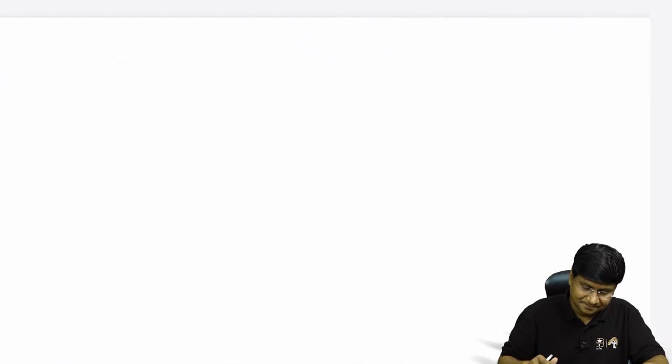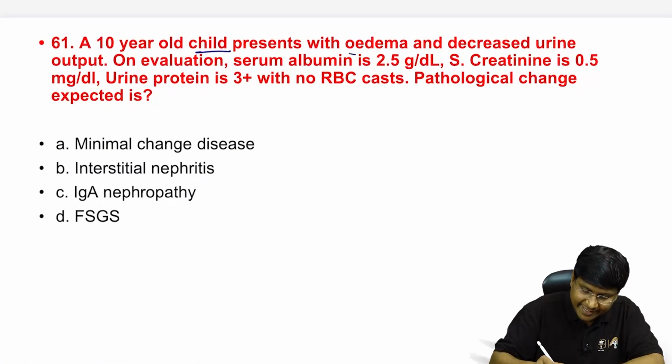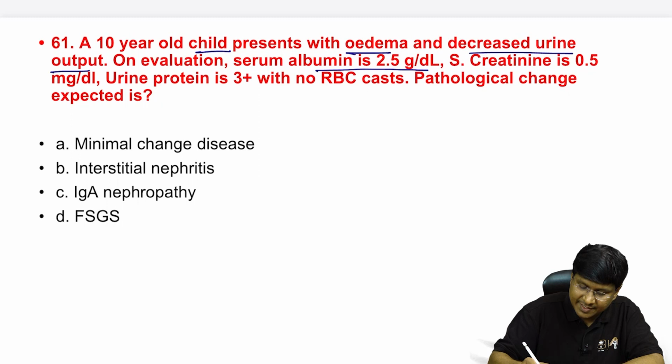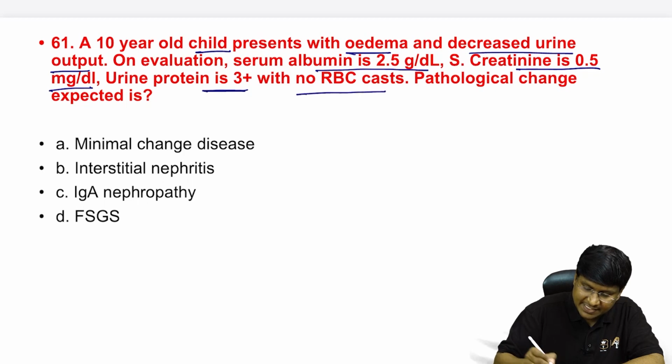Next question. A 10-year-old child presents with edema and decreased urine output. On evaluation, serum albumin is 2.5 grams per deciliter and serum creatinine is 0.5 milligrams per deciliter. Urine protein is 3 plus with no RBC cast.